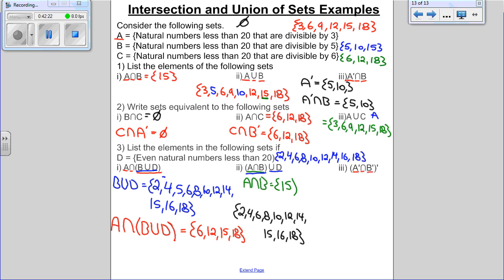Again, it might help to write out what's not in A. We already wrote it up here. So 5 and 10 are the only numbers in not A. Are 5 and 10 also not in B? They are in B. So the intersection between not A and not B would be nothing.